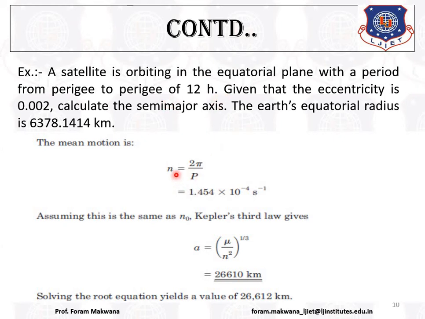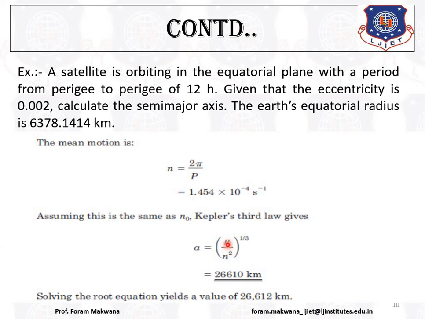First we have to calculate the mean motion, that is small n. So from this equation n is equal to 2 pi upon p, we get the value of mean motion, and as per Kepler's third law, a cube is equal to mu upon n square, right?